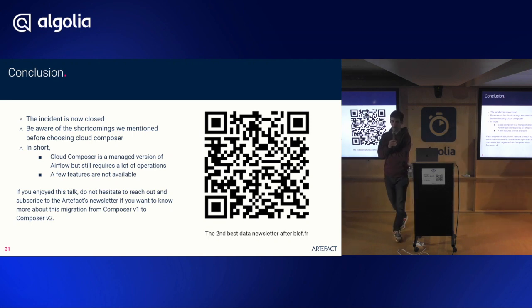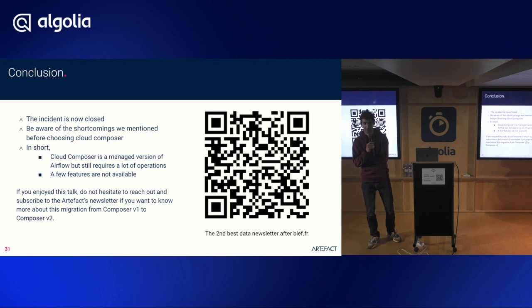So the root cause basically was that we were on Composer v1. The behavior on Composer v1 is that the infrastructure you deploy is a node pool. And the node pool we had was 3 machines. These 3 machines were deployed in a subnetwork, and so there is a limited set of IPs you can use on this network. If we wanted to increase the size of the machines or increase the number of machines, we would have to have more IPs available.